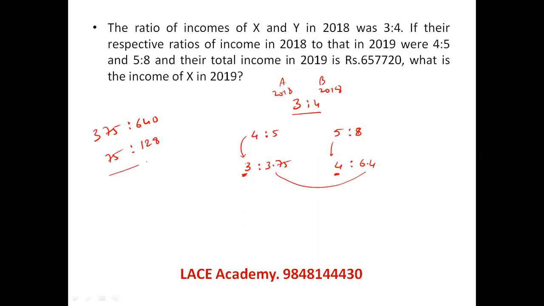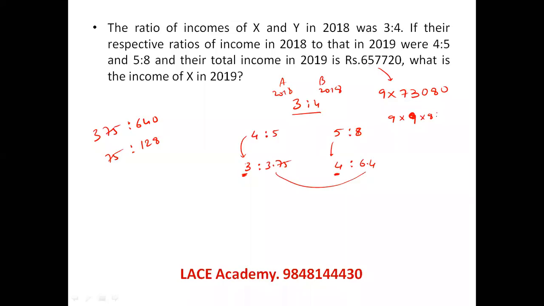Now the total income of 2019 is equal to 657720. Now we have to take 203 parts out of it. So we divide 657720 by 9 repeatedly, simplifying step by step until we reach 8120.